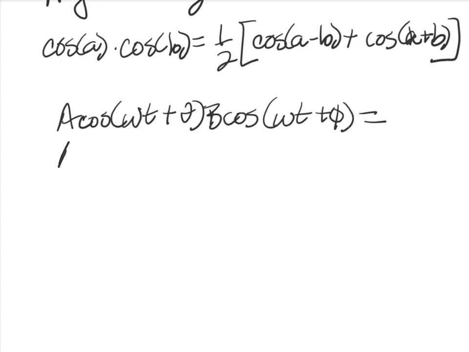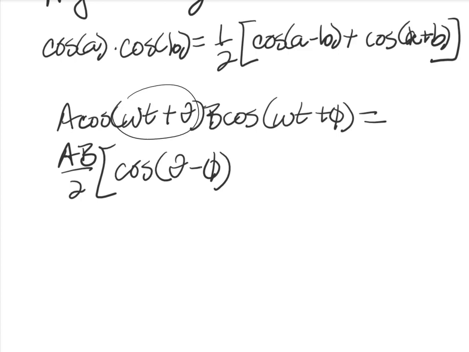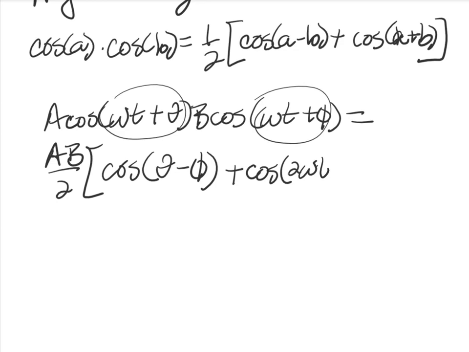That will be equal to AB over 2 quantity cosine of theta minus phi, because that's this multiplied by this. The omega t's cancel out. Plus the cosine of the sum, omega t plus omega t plus theta plus phi.